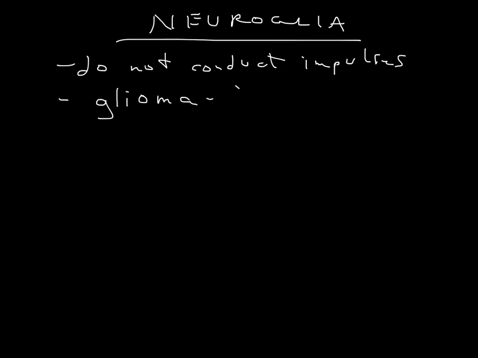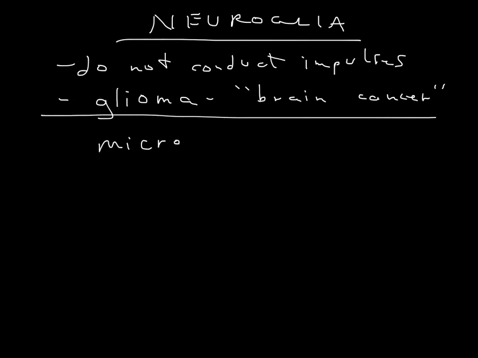So if you get brain cancer, it's in one of these neuroglia, which is often referred to as a glioma. There were 5 subtypes you're responsible for. Microglia, which were your phagocytic bacteria eaters.